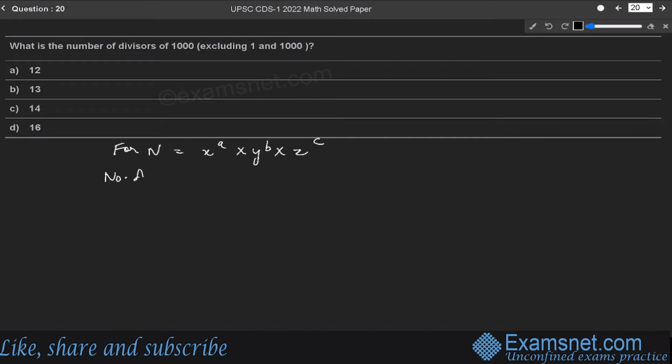So the number of factors will be equal to (a plus 1)(b plus 1)(c plus 1).